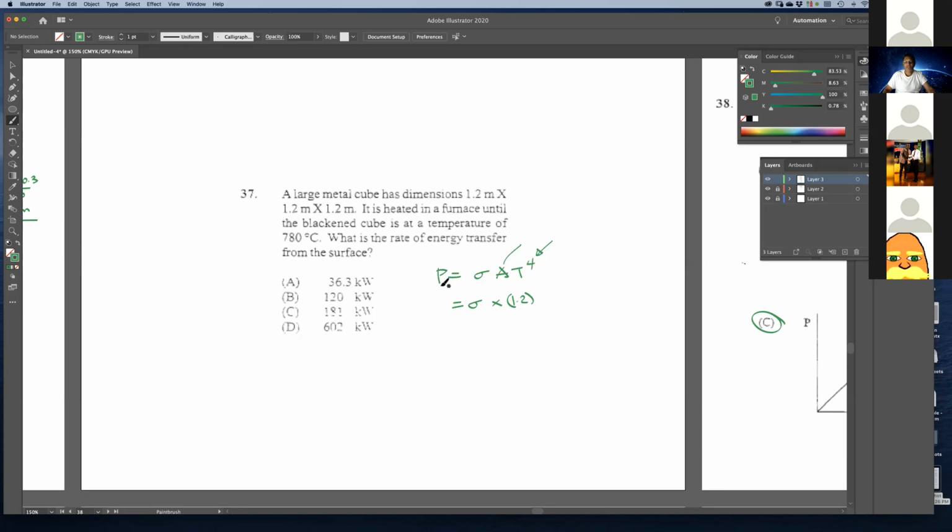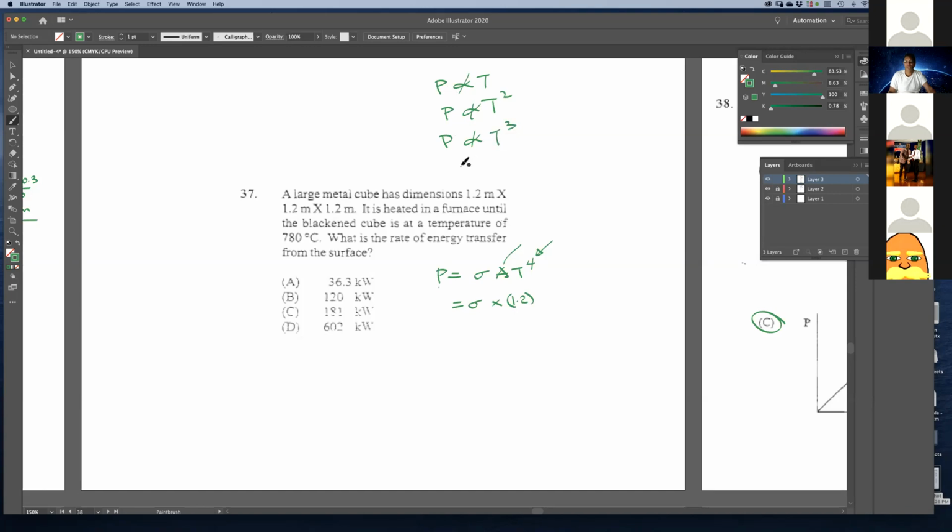Because when Stefan studied the relationship between power and temperature, he found that power was not proportional to temperature directly, not proportional to temperature squared, and not proportional to temperature cubed.